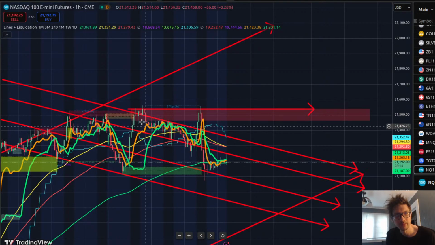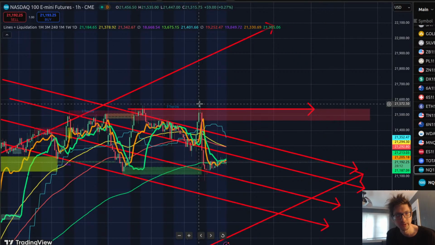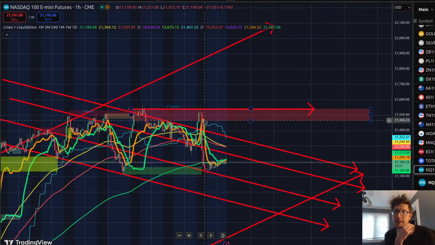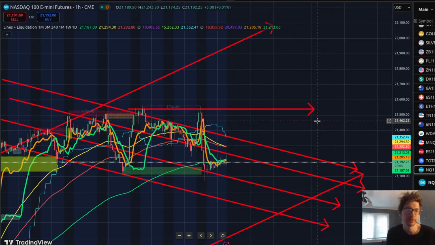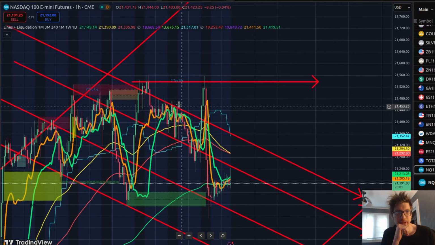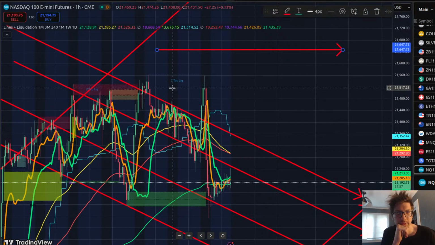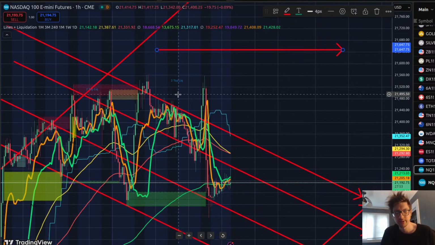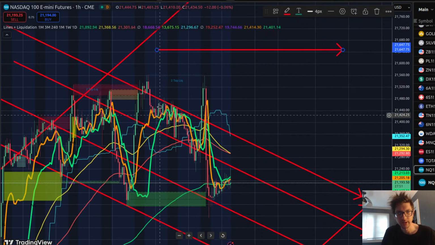I mean, these people already got liquidated right here. So maybe some people got in around here. So actually, that shouldn't be there. I think there was a liquidation block there before, but I can see by this text right here that it got swept already.